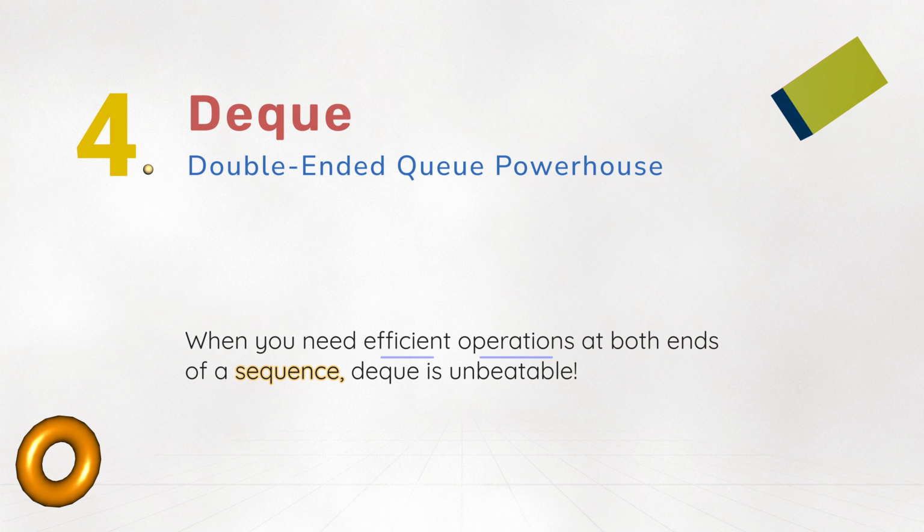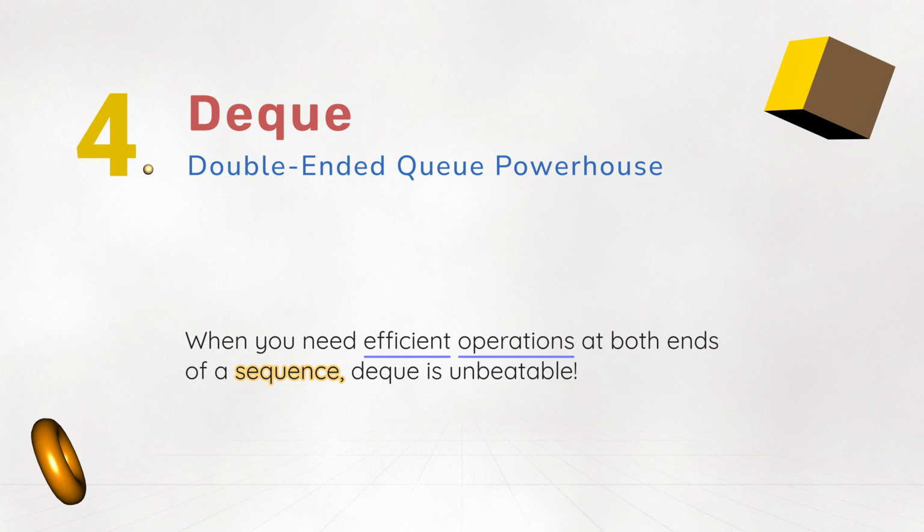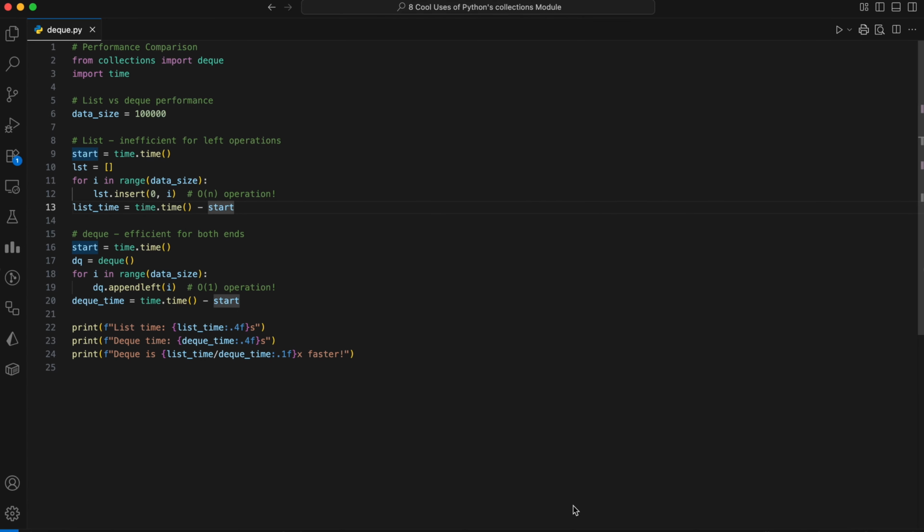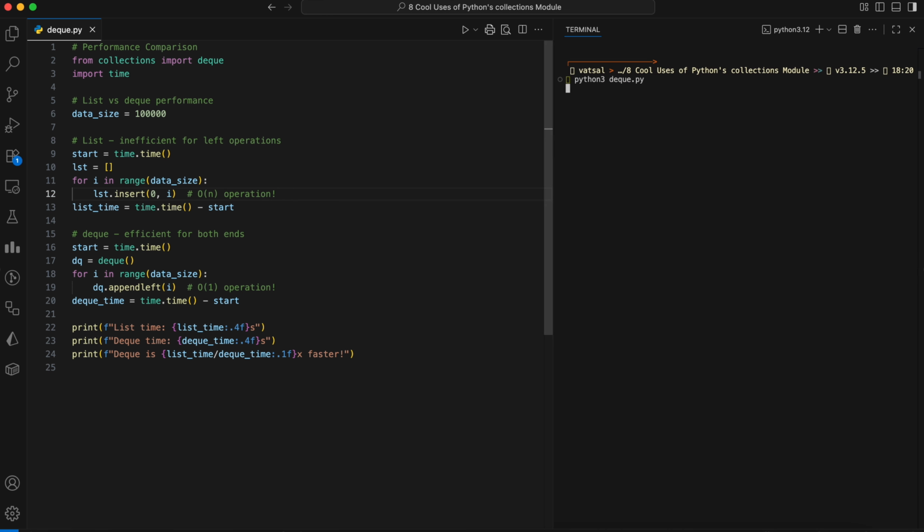When you need efficient operations at both ends of a sequence, deque is unbeatable. There is a significant performance difference between a Python list and a deque, double-ended queue, when adding elements to the beginning of a sequence. It first initializes a list and inserts 100,000 elements at index 0 using lst.insert. This is an inefficient, O(n) operation for lists, as all existing elements have to be shifted one position to the right.